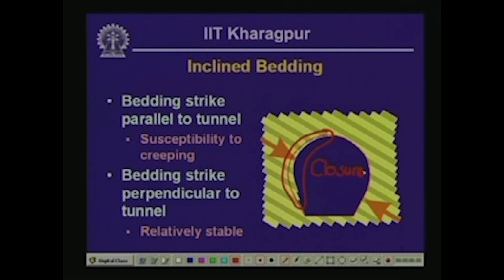This cross section is actually taken from a real life problem. A headrace tunnel, more than 27 kilometers long, was recently constructed in Himachal Pradesh as part of a project called Nathpa Jhakri.